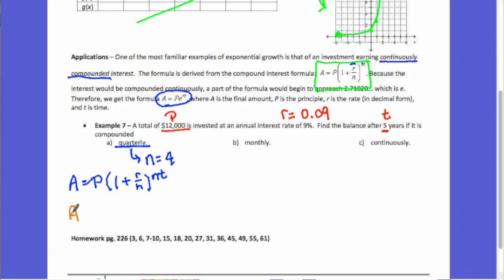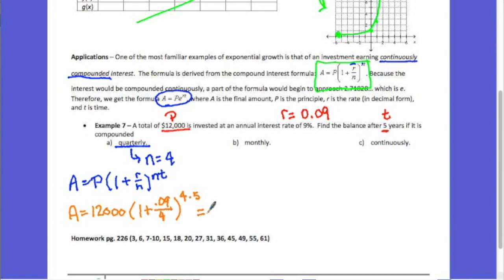So A equals 12,000 times 1 plus our R, which is 0.09, over our n, which is 4, and yes, you use that same n again up here because this is to the nt, so 4 times, and our t was 5.